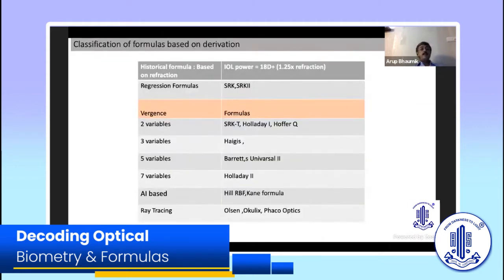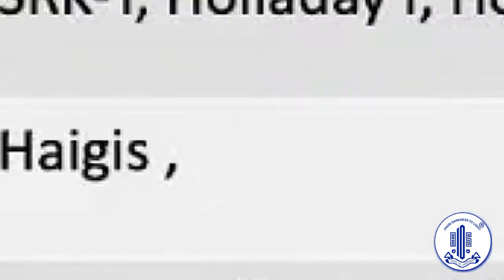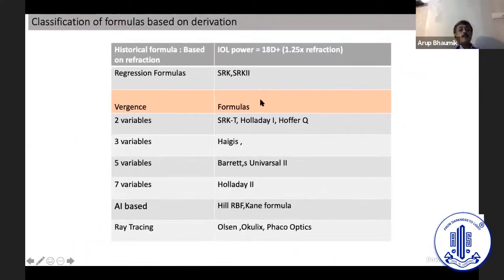So this is the classification of formulas on the basis of derivation. The regression formulas are SRK1 and SRK2, and then there are the vergence formulas. The vergence formula is basically a theoretical formula considering Gaussian optics. Two variables are used in SRK2, Holladay 1 and Hoffer Q. There are 7 variables in Holladay 2 and 5 variables in the Barrett Universal 2.